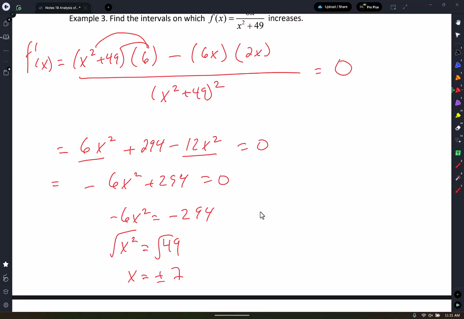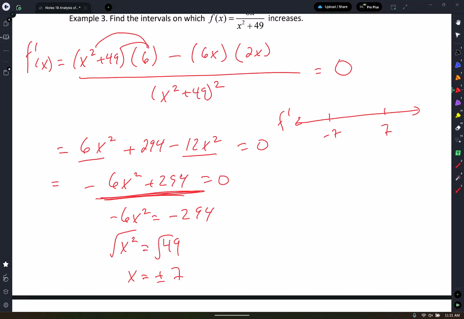You okay? Sign chart. F prime. Negative 7, 7. Give me a number to the left of negative 7. Any number. Negative 10. If I plug negative 10 in here, the one that I'm circling, negative 10 squared is 100. 100 times negative 6 is negative 600.